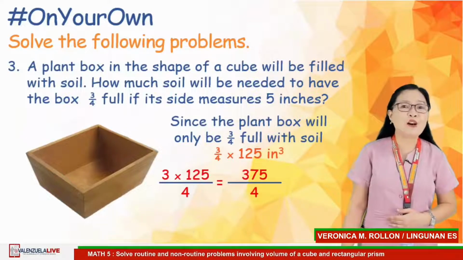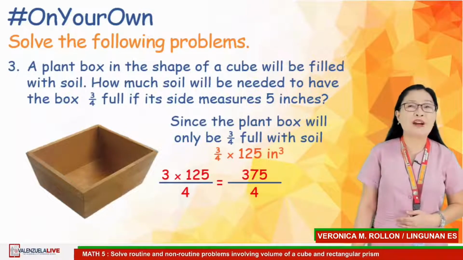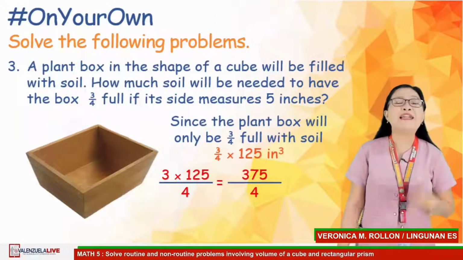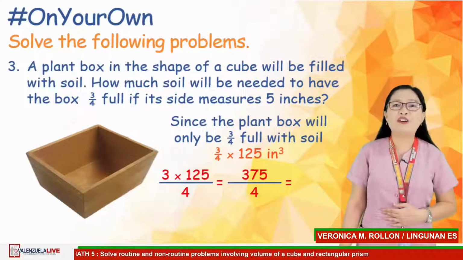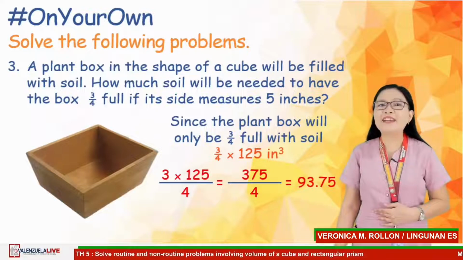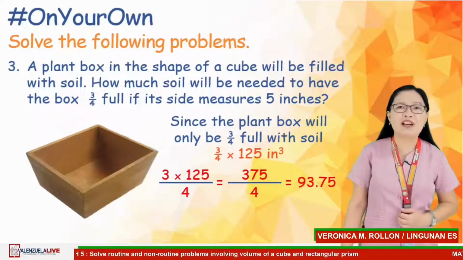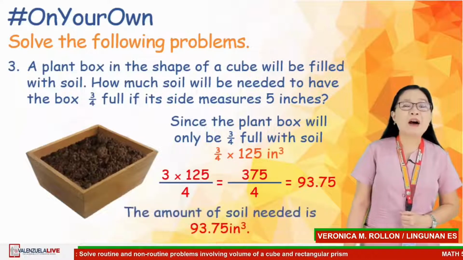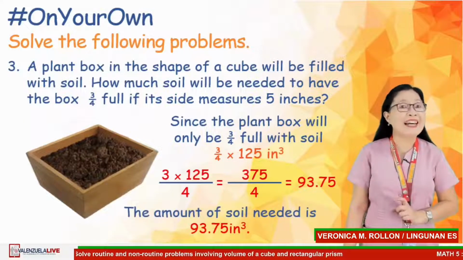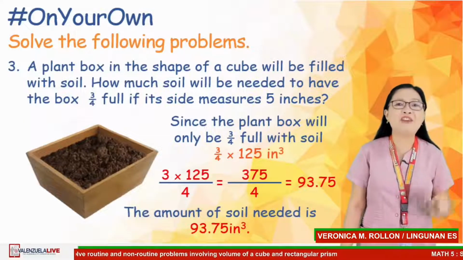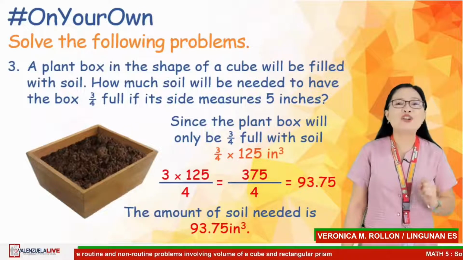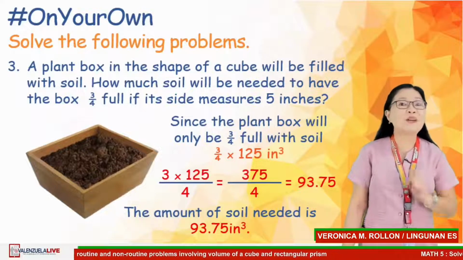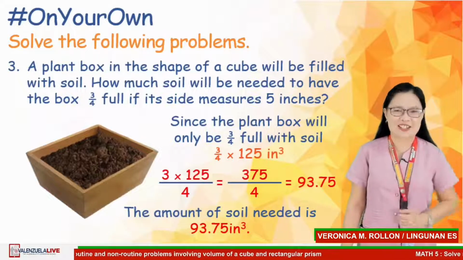Let us solve. 3 times 125 is 375, divided by 4, your answer should be 93 and 75 hundredths. So the amount of soil needed is 93 and 75 hundredths cubic inches, or 93.75 cubic inches.